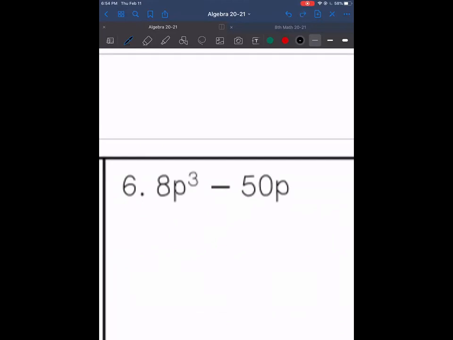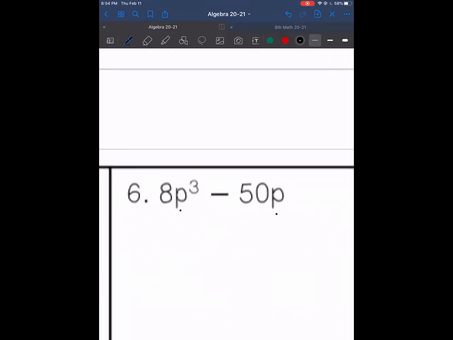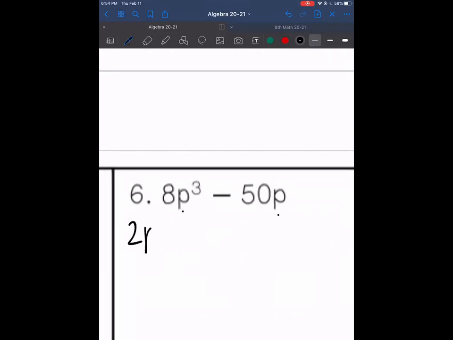And I can't really pull out 8 from 50, but they're both even numbers, so I know I can at least pull out 2. So I'm going to try that. And I also can pull out a p, as both terms have a p. So my greatest common factor is going to be 2p. Dividing that out leaves me with 4p squared minus 25.